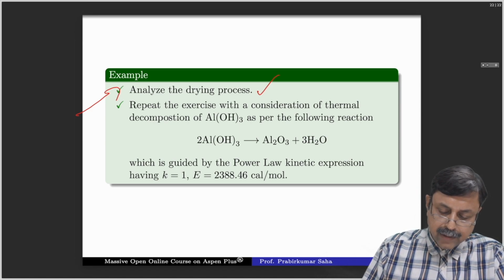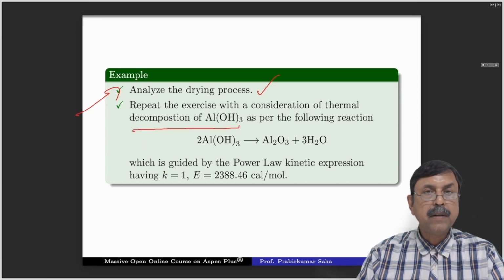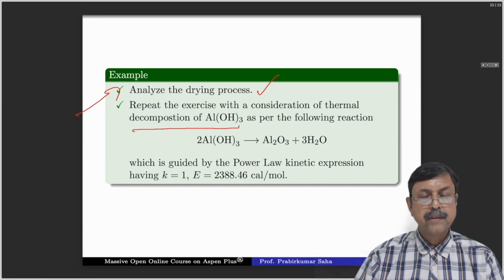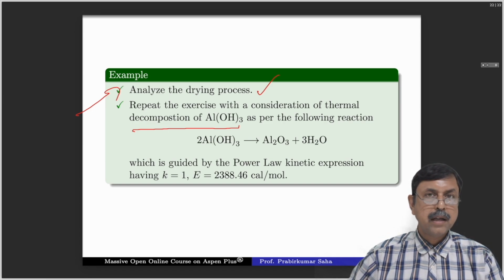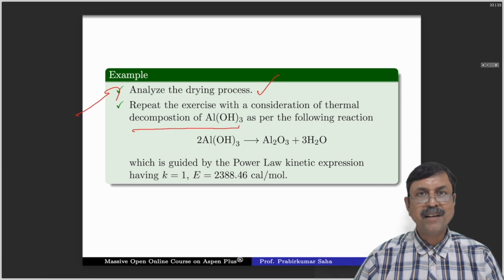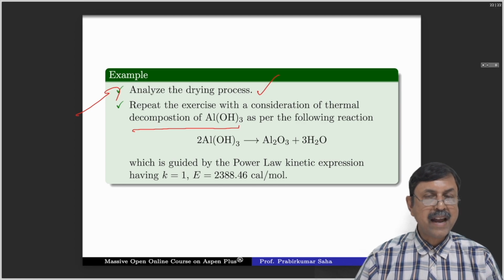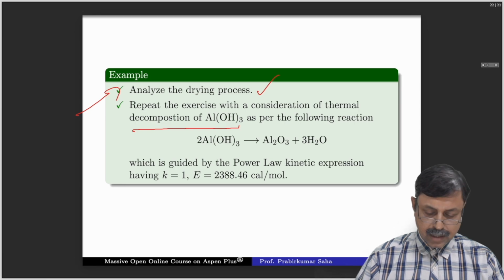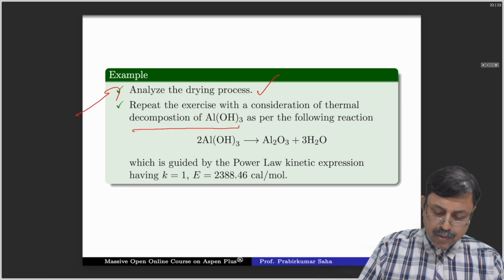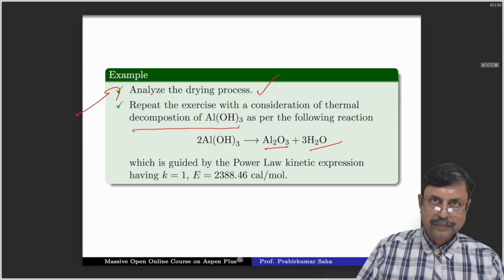Repeat the exercise with consideration of thermal decomposition of aluminum hydroxide, because this aluminum hydroxide is subjected to thermal decomposition as air is coming at a temperature of 1700 degrees centigrade. So it is a high temperature. At that temperature, aluminum hydroxide is supposed to decompose into aluminum oxide and water.